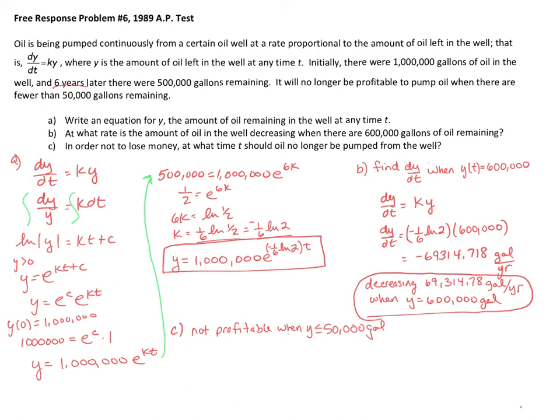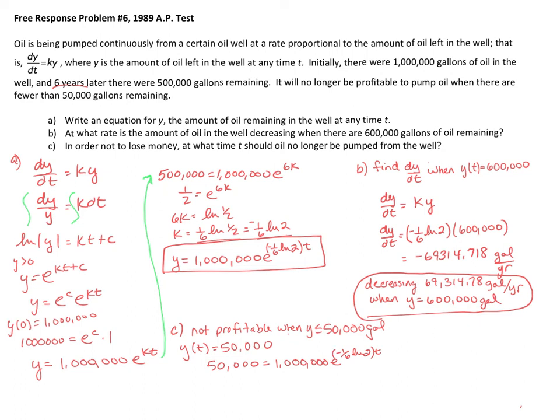So we're going to set y of t equal to 50,000 and find out how long it's going to take to get there. I'm going to put 50,000 equal to 1 million e to the negative 1/6 ln of 2 times t.